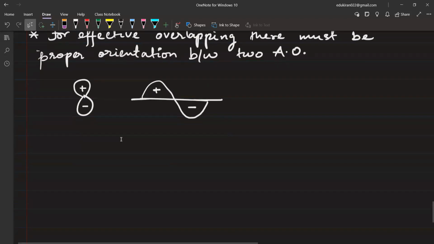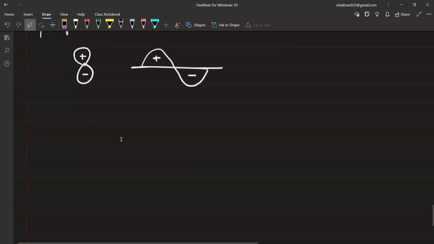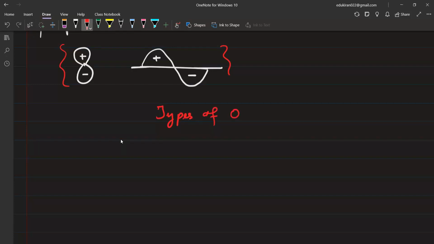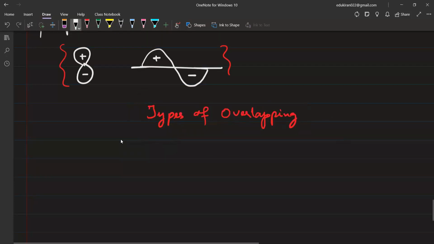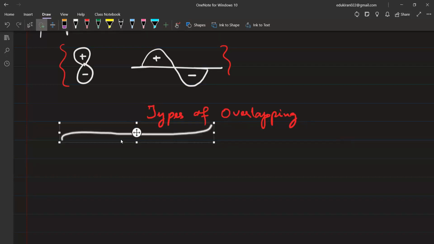Now, after this, you will write types of overlapping. You don't need to write this, but I just told you here. Types of overlapping: there are three types. One is called positive overlapping.